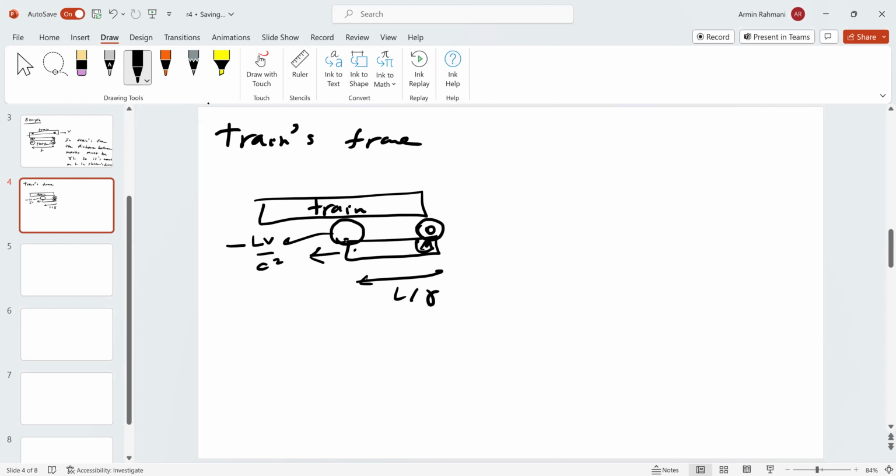And this is the train, the platform will be somewhere over here. And this mark is already left there from the first explosion. So let's put that there. And now another explosion happens over here and leaves the mark here.